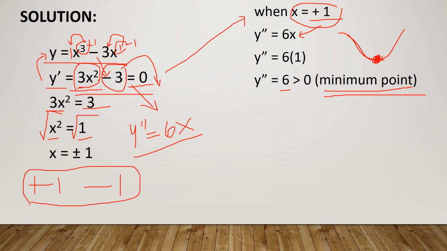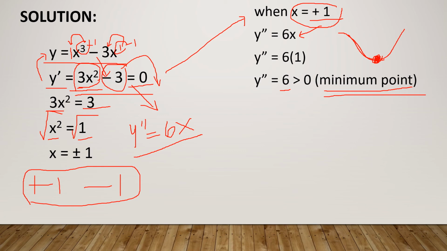Again, when the second derivative is positive and the slope is 0, we get a local minimum point. That's why it will present a concave up, or the function is decreasing.